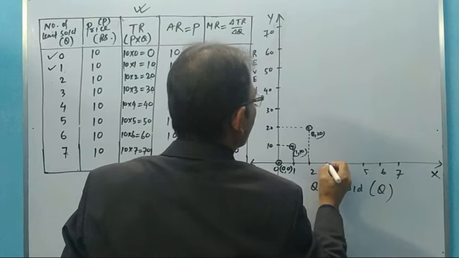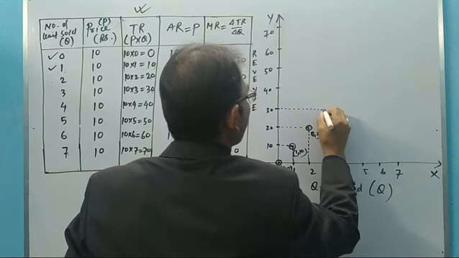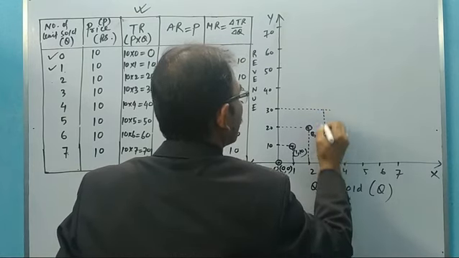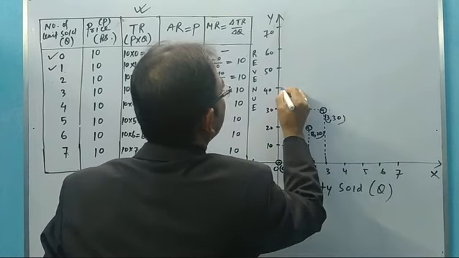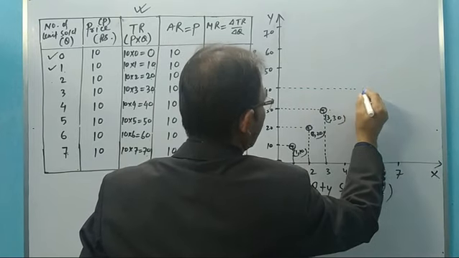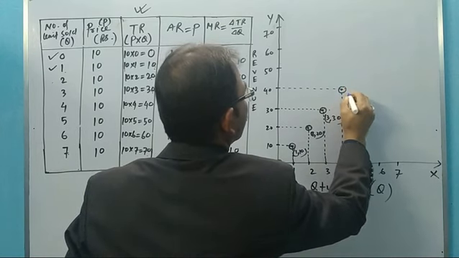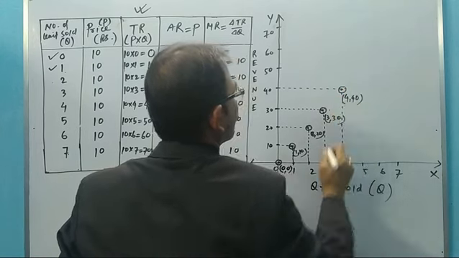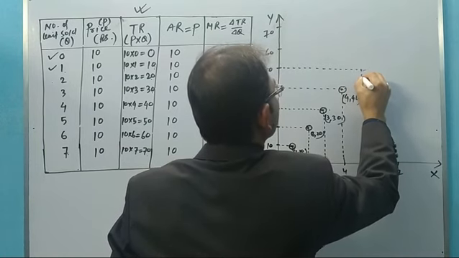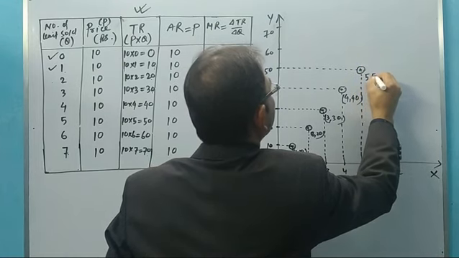Similarly, when you are selling 3 units, then the total revenue is coming 30. So the coordinate point is 3, 30. When we are selling 4 units, the total revenue is coming 40. So 4, 40. When we are selling 5 units, getting coordinate point 5, 50.